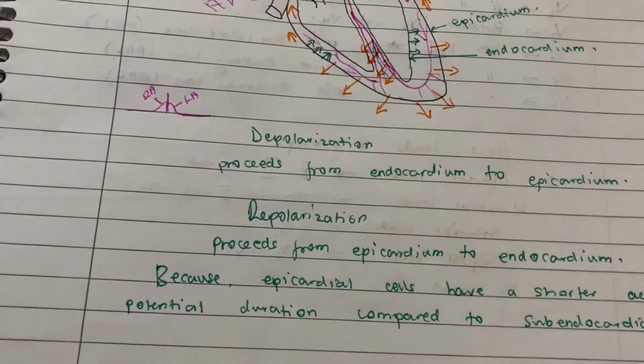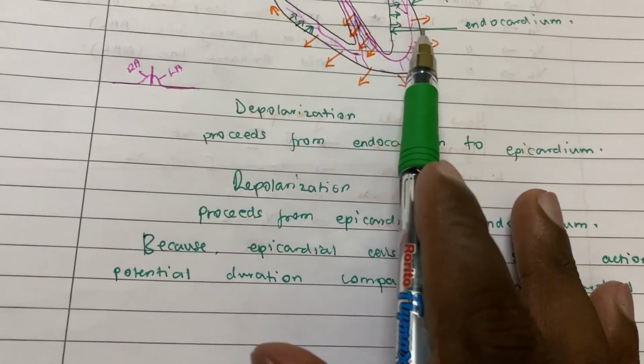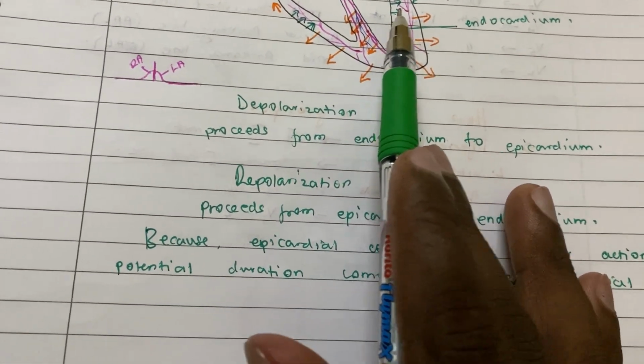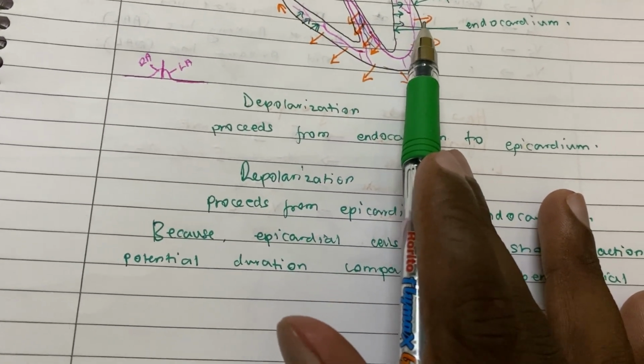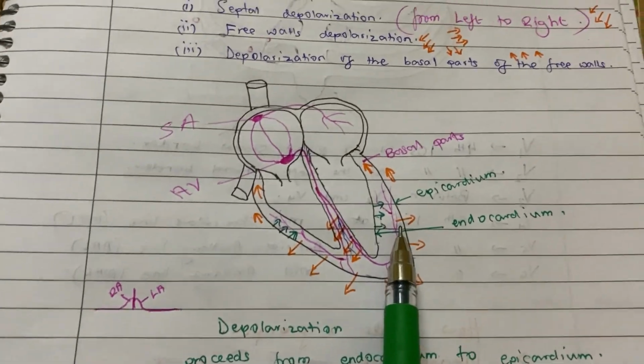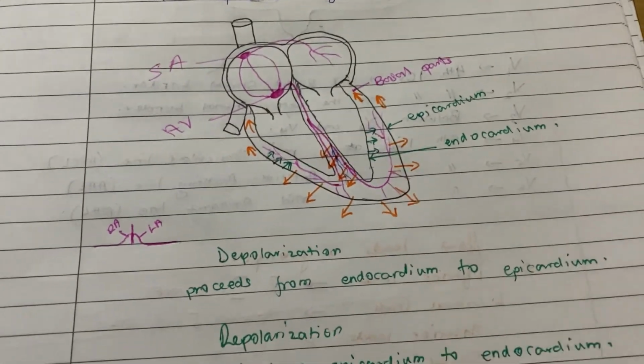So what will happen? By the time the action potential of the subendocardial layer is still ongoing, the action potential of the epicardial layers is finished and they start repolarizing.